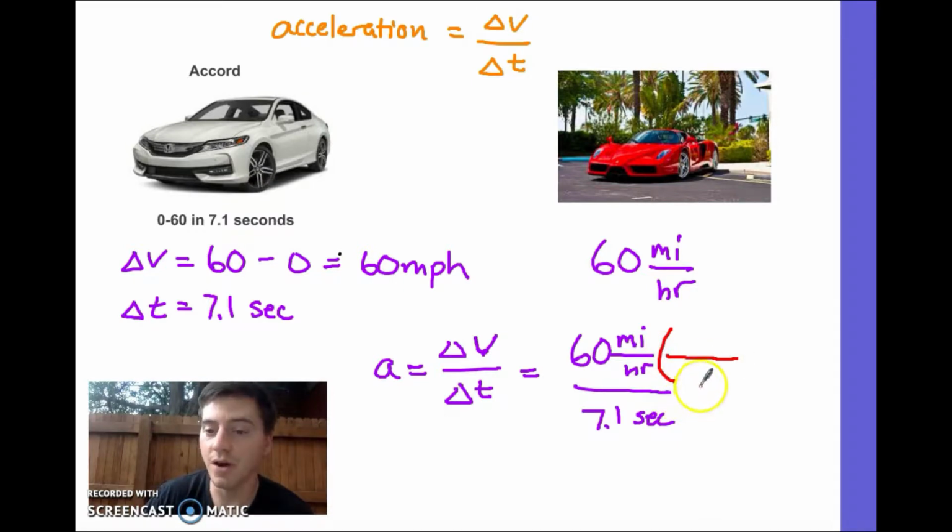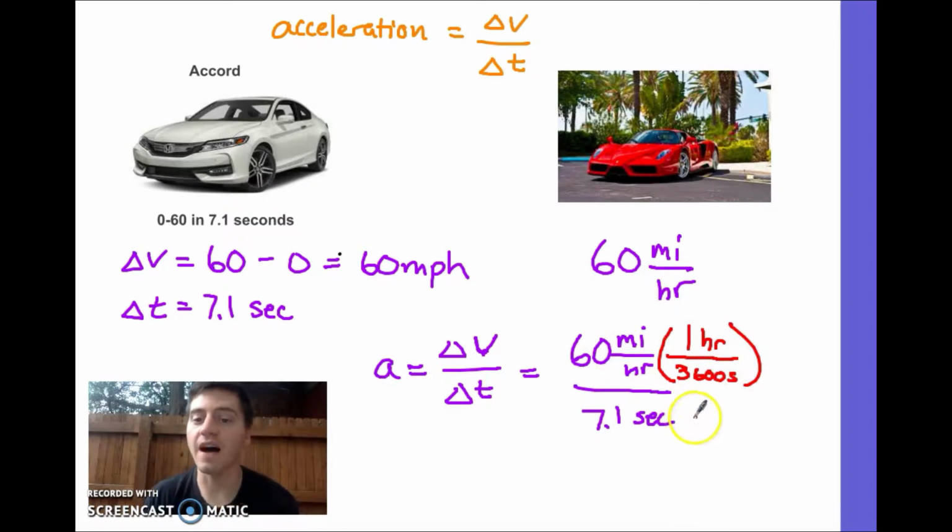I know that there are 3,600 seconds in 1 hour. So I can just divide 60 by 3,600. And you know what? That comes out to be a really ugly number, so let's convert miles as well. Let's go to meters per second. I know that in 1 mile is 1,609 meters.